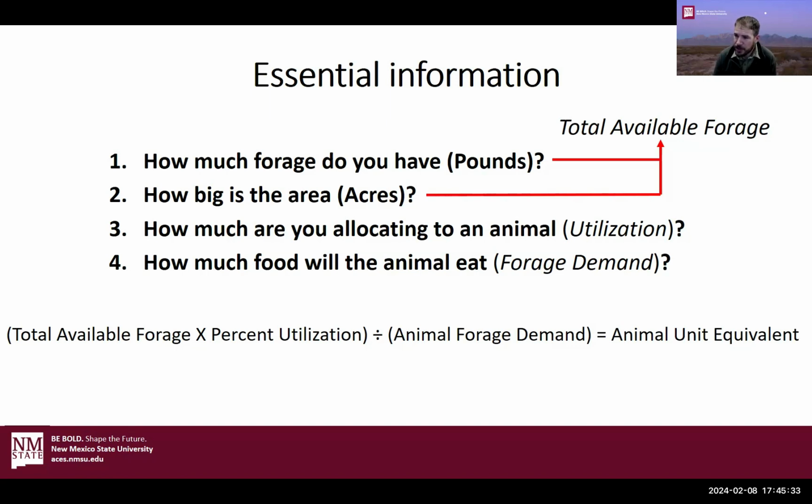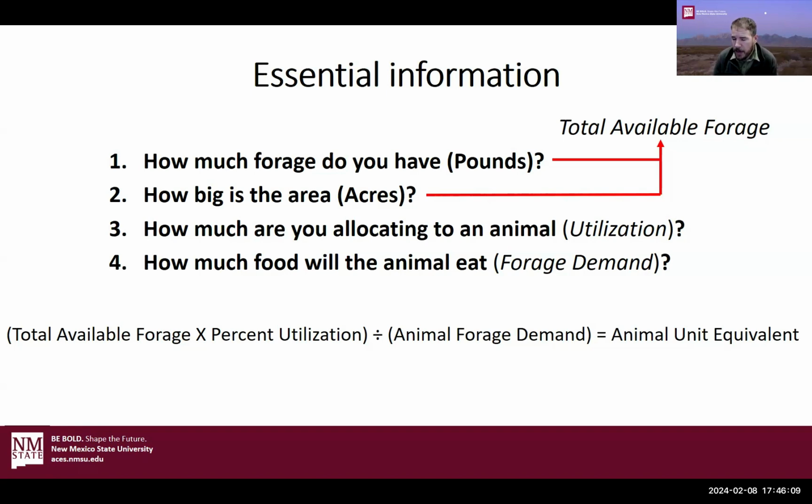That's an interesting question, because most of the time people don't know the answer. When I go into my kids' grade school and talk about my job, the majority of the students do not know how much food an animal will eat. But it's important in order to make this estimate. The equation for estimating carrying capacity or stocking rate is at the bottom there.